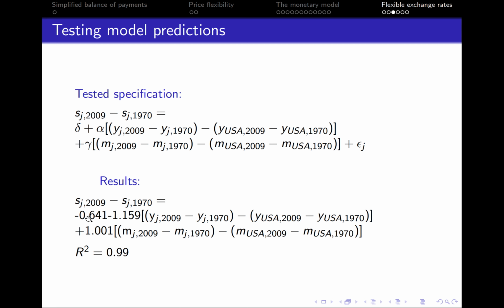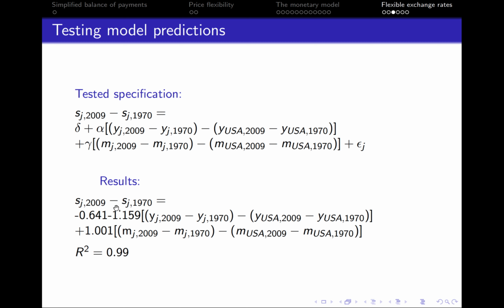So there is a constant, and it's statistically significant. What it means is that there is at least part of this change in exchange rates that cannot be attributed to both money supply and GDP changes.